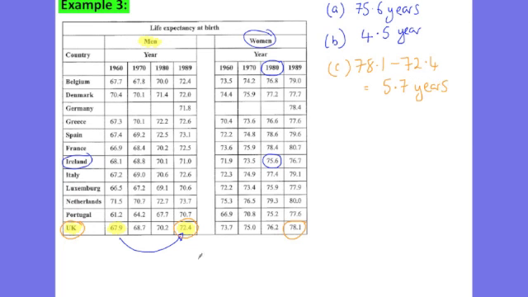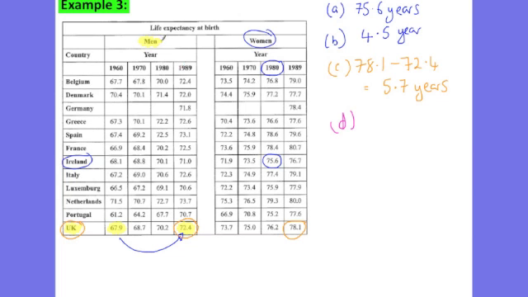The next question is about trend. We're asked to comment for 1 mark only, the way life expectancy at birth in these countries, all the countries here listed, has changed from 1960 to 1989. So we're going to have to make a general comment.